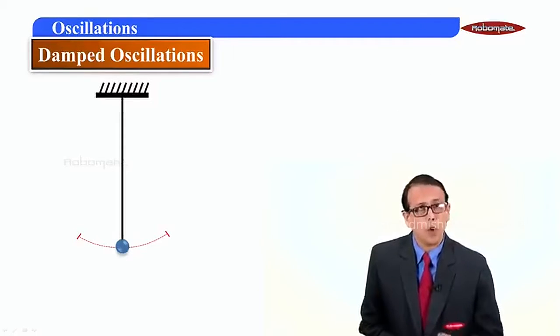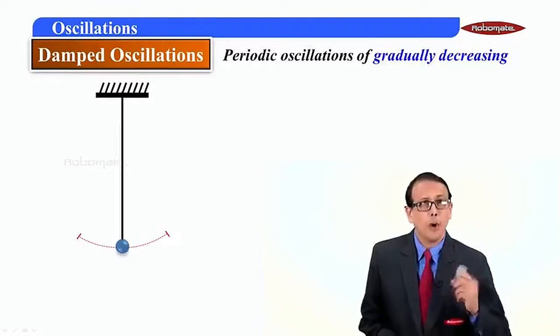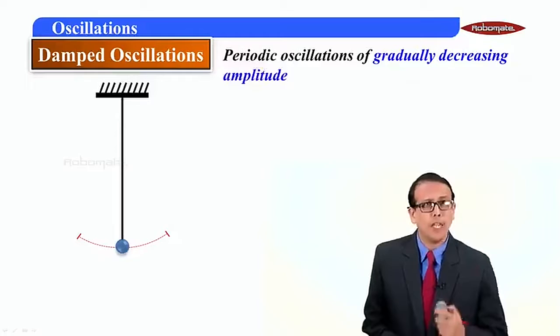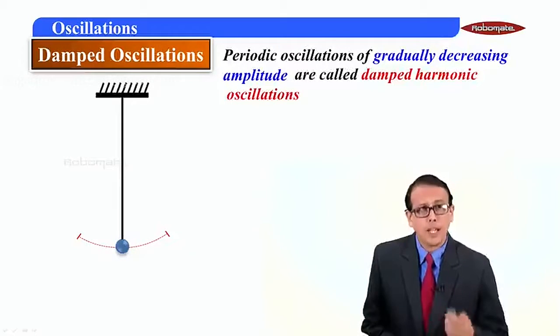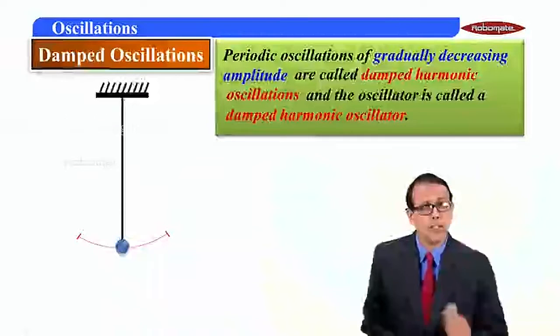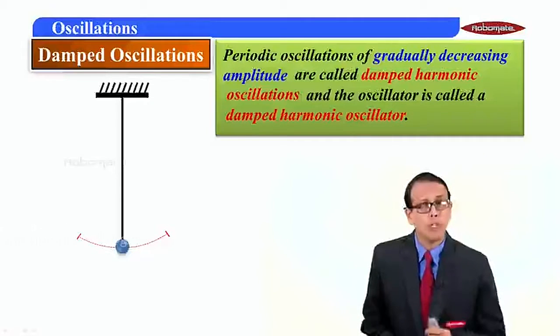Such vibrations or oscillations are called damped oscillation. So let's define: periodic oscillation of gradually decreasing amplitude are called damped harmonic oscillation, and the corresponding oscillator is called damped harmonic oscillator.